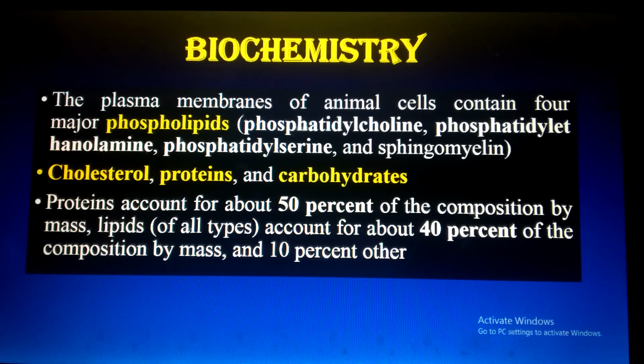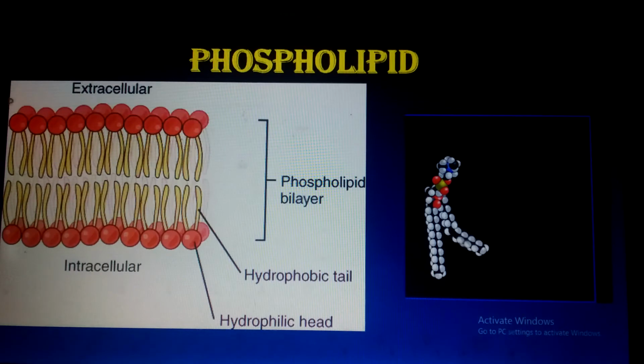You also note down all this important information in your notebook. Now I'm moving towards the phospholipid. I will discuss phospholipid and protein one by one. So first of all, I'm going to show you the structure of the phospholipids.